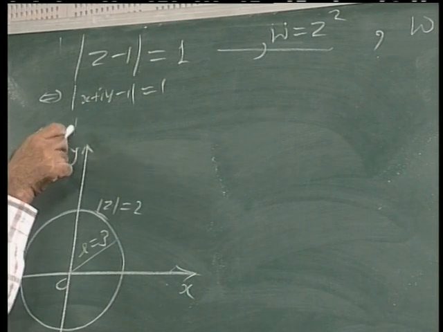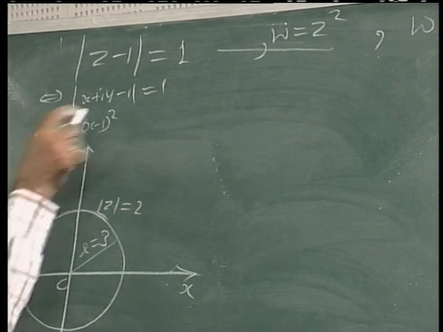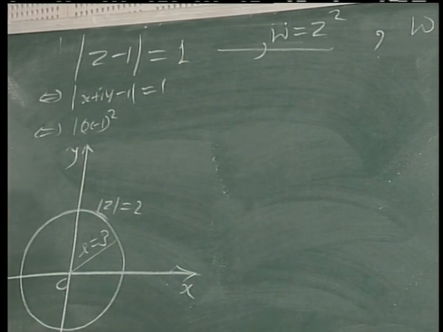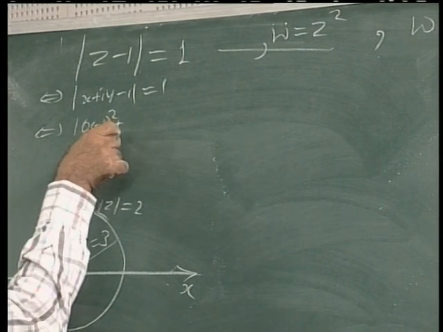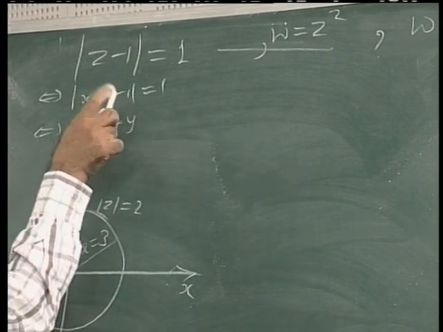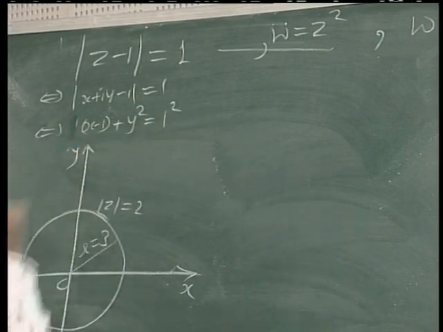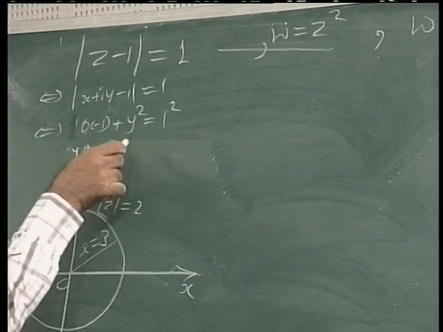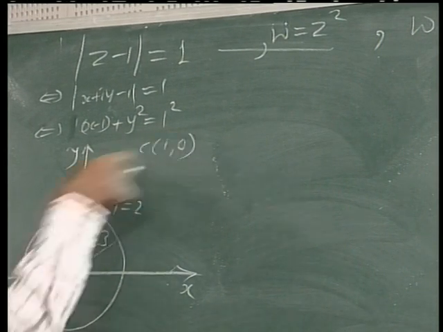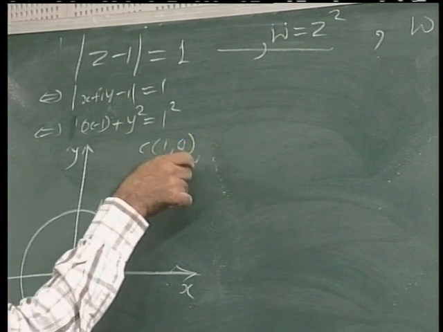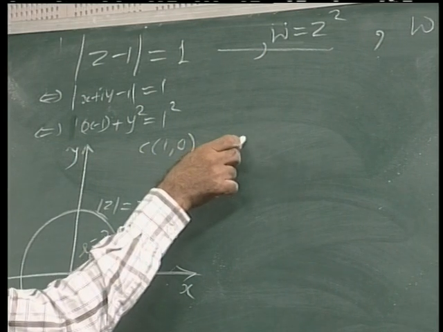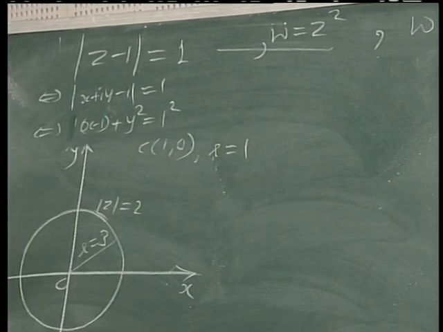Then squaring, x minus 1 square plus y square is 1 square. This is a circle. Center is 1, 0 and radius is 1.